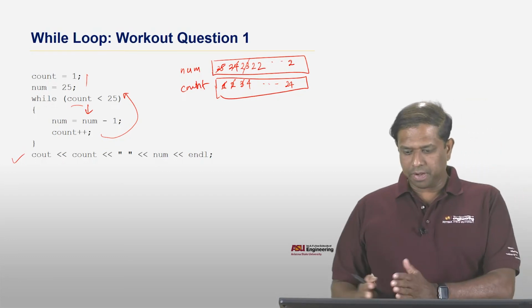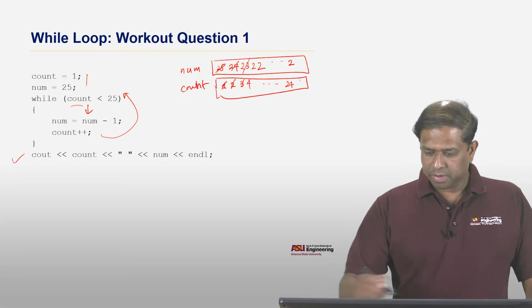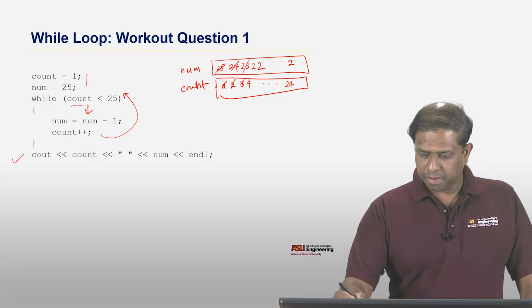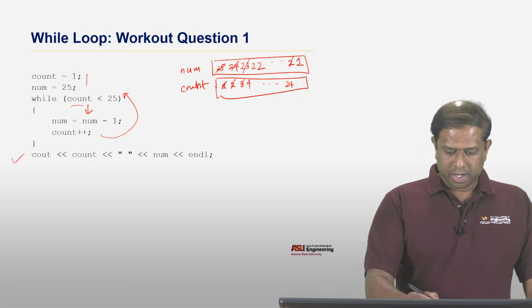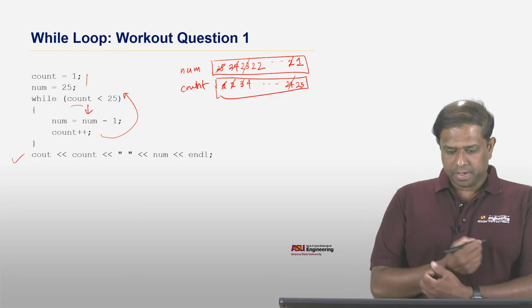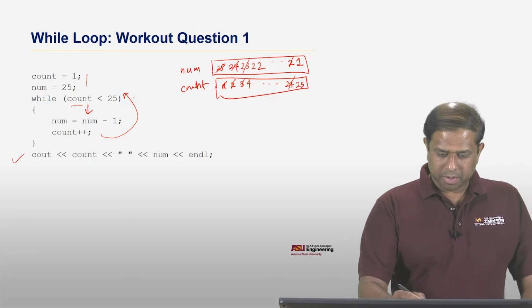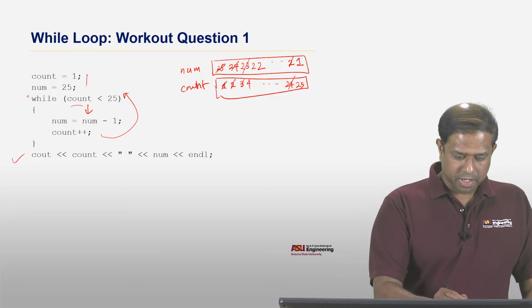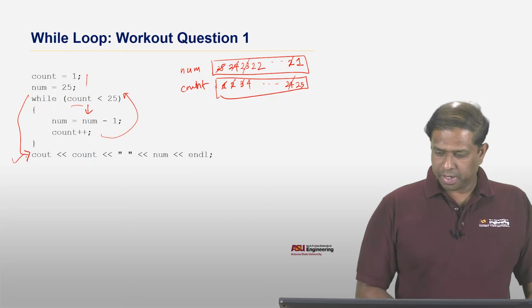So then 25 minus 24, that's going to be 2, and then we deduct 1 from num. So then num is going to be 1, and then increment count by 1. So then count will be 25. So then once you are done with it, we go back here, and 25 less than 25, that's false. So therefore we get out from it.